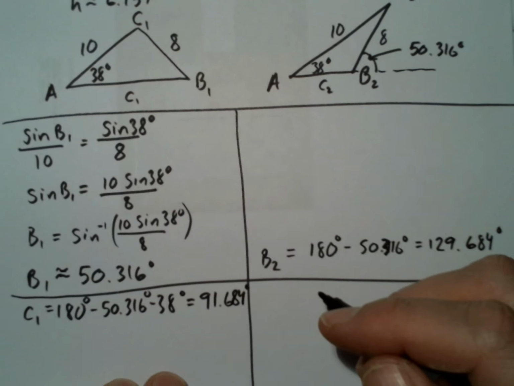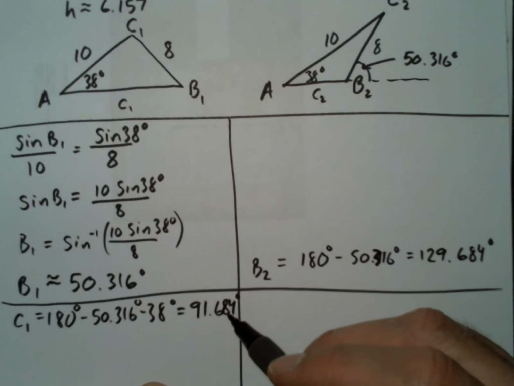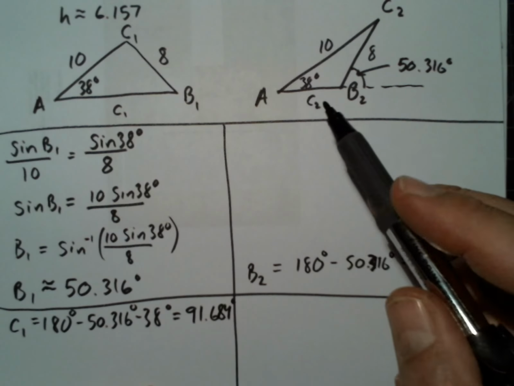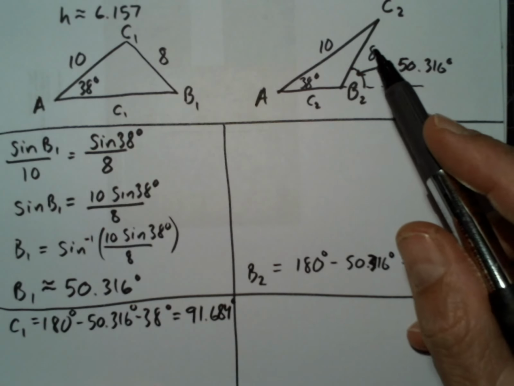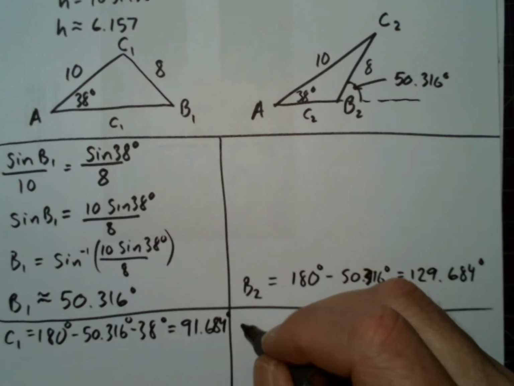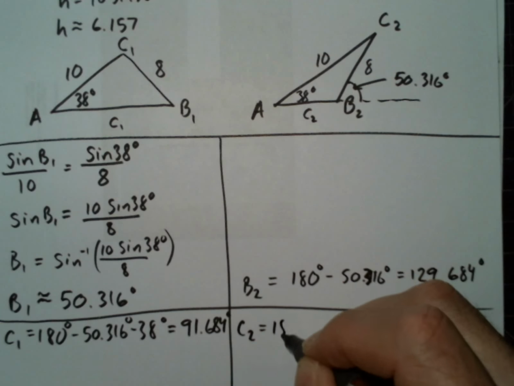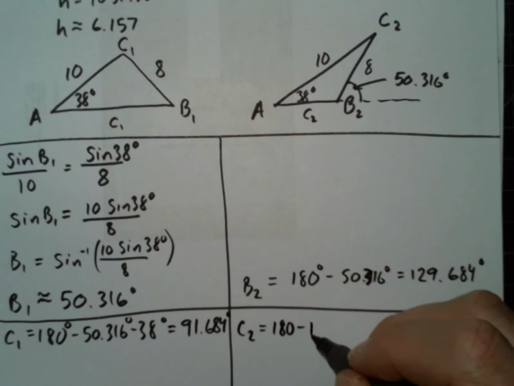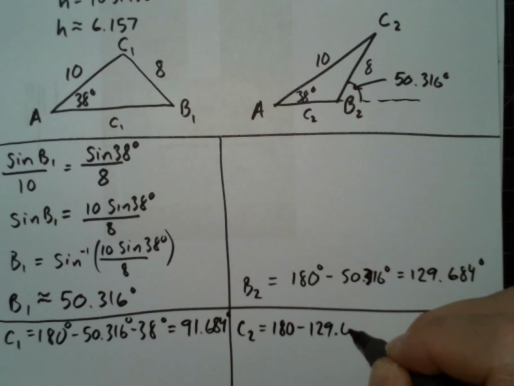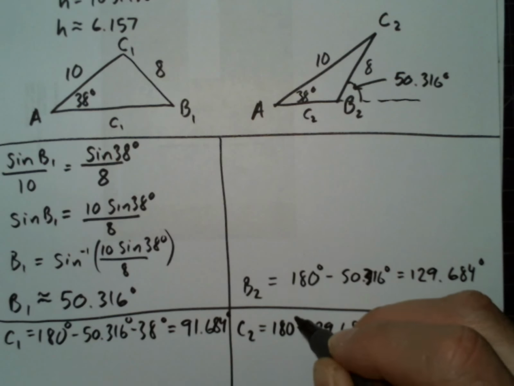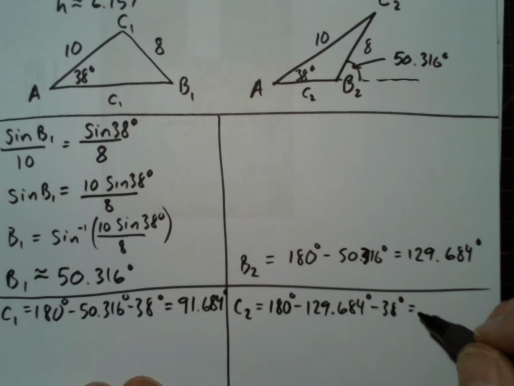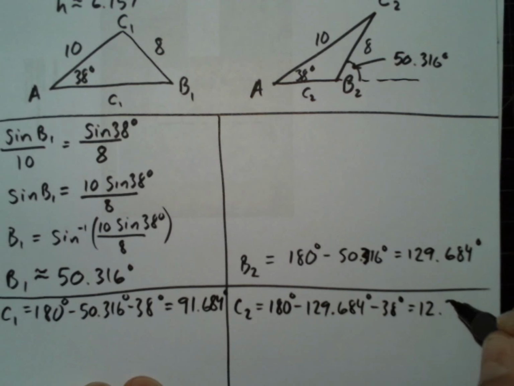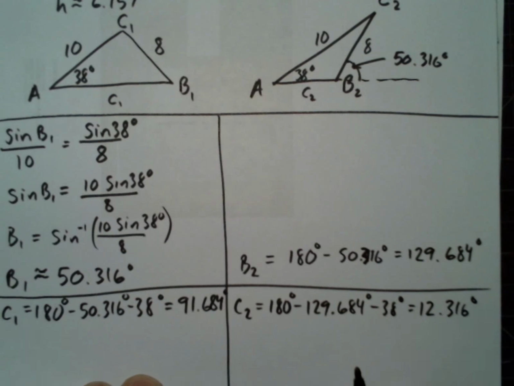We can do the same thing for this triangle because we know there's a 38 and a 129.684, so we can find C2. C2 is 180 minus 129.684 minus 38, which is 12.316.